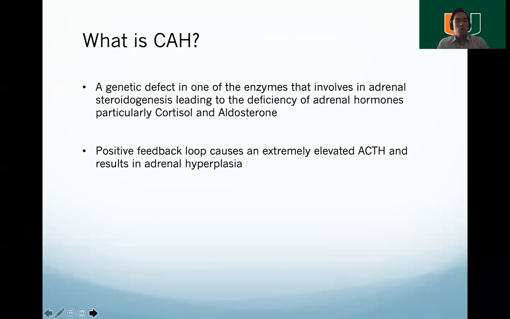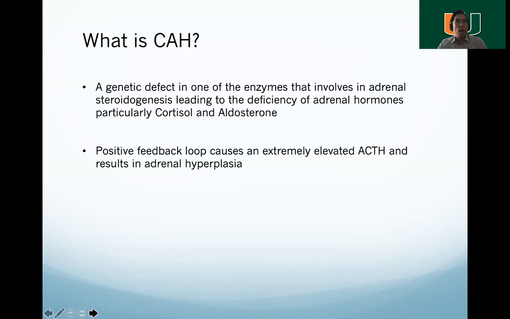Since you have a deficiency of cortisol and aldosterone, it sends a positive feedback to the hypothalamic pituitary adrenal axis, causing an extremely elevated ACTH. And remember, ACTH is a trophic hormone, so it stimulates the growth of the adrenal, causing adrenal hyperplasia.